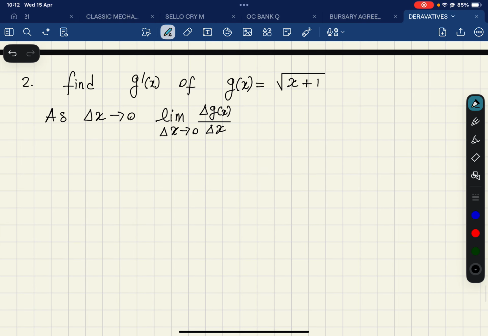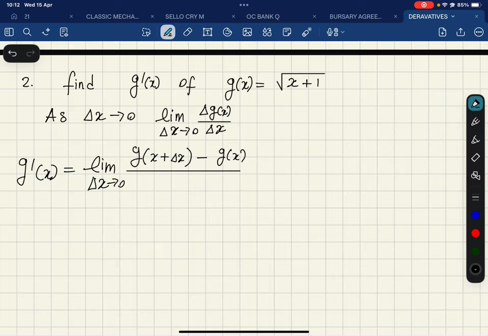They say find g prime of x given that g of x is that, as change in x approaches 0. Still the same procedure, which means our g prime of x will be equal to the limit as change in x approaches 0 of g of x plus the change in x, minus the g of x, all divided by the change in x.